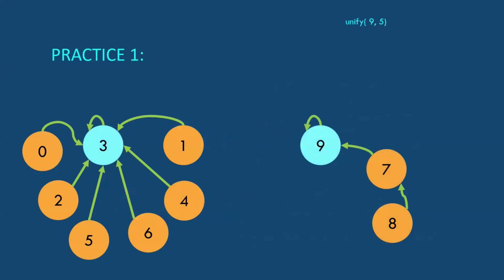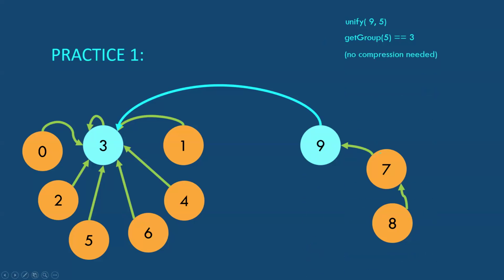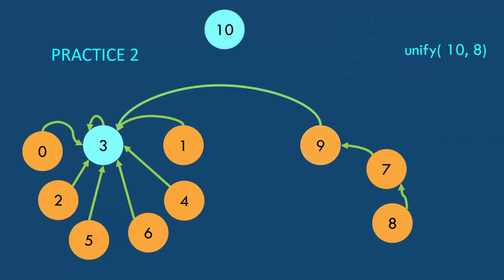So let's take a look at just a couple of these. I know this is maybe a little tedious, but unify 9 and 5. We get the group on 5 is 3, right? And now, since we know what the group is by this get group function, that just becomes our new parent, okay? No compression needed in that particular case. Point 9 at the 3, right? And we're done, okay? So if I unify 10 and 8, we want to put the 10 in the bigger group, right?